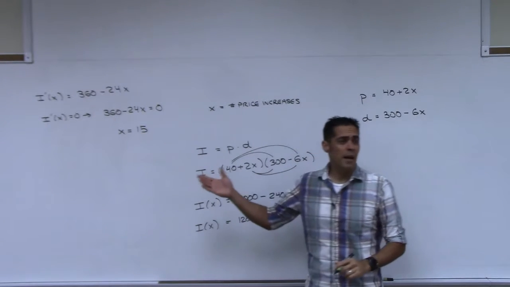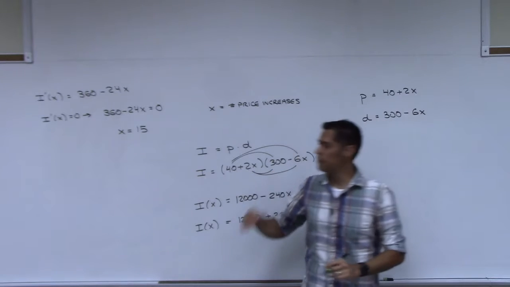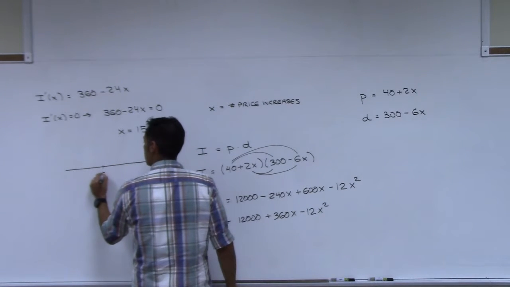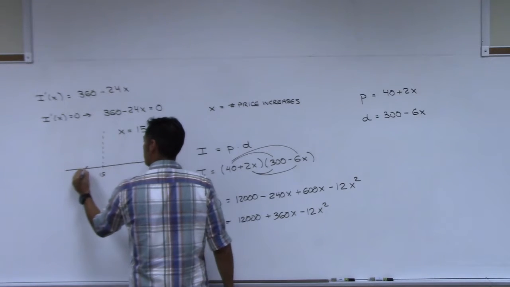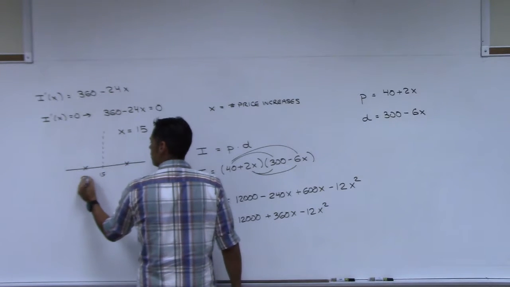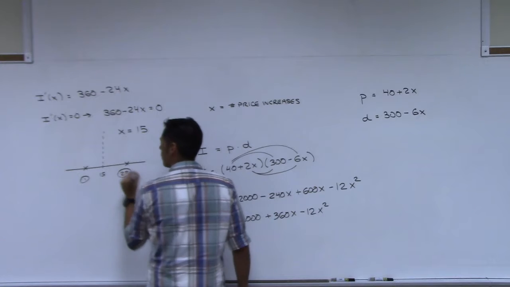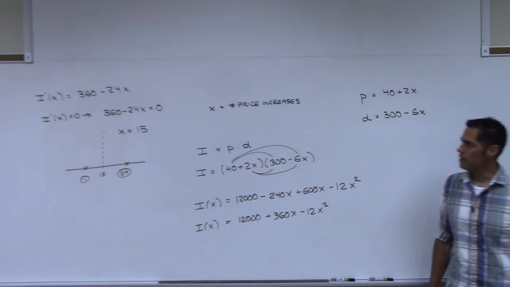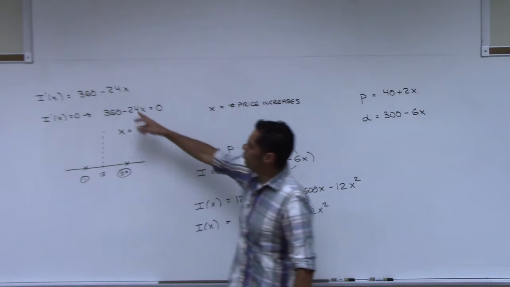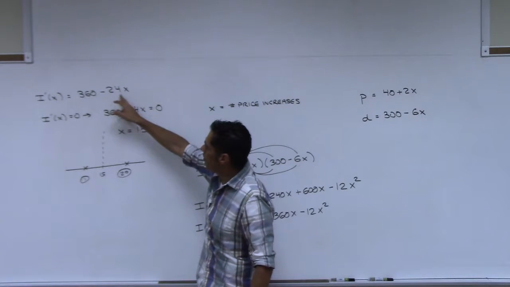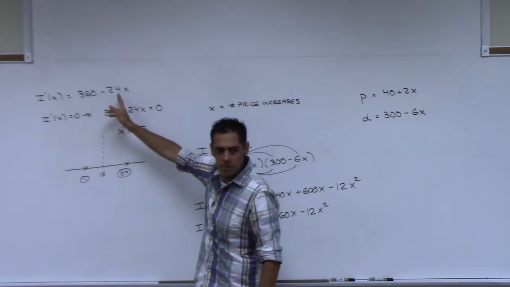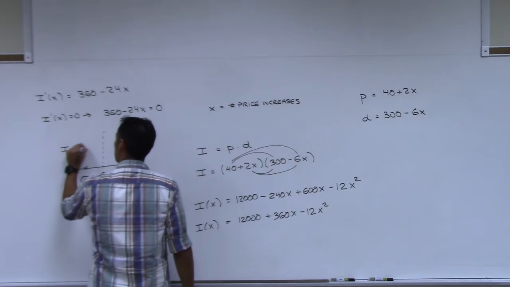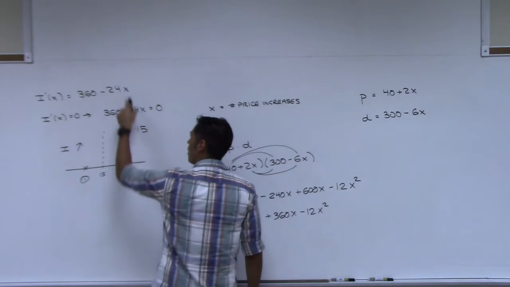Now we have to verify that that's going to give us a maximum. So here's 15. Split the number line up. Pick some values. How about 1 and 20? And where are you going to plug those in? Derivative, right? So if you plug in 1, what happens? This is our derivative. Plug in 1, we get a positive, don't we? So that means our income function is increasing there. If we plug in 20, we're going to get a negative.